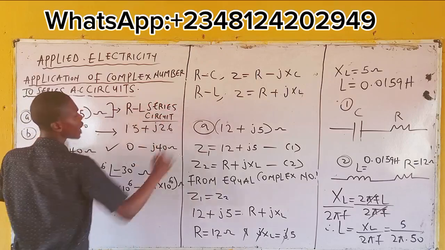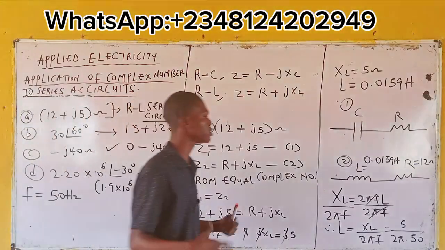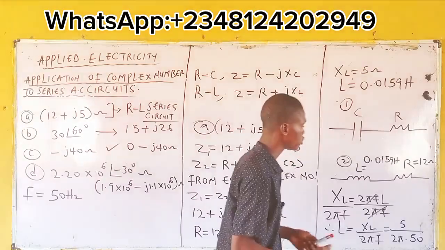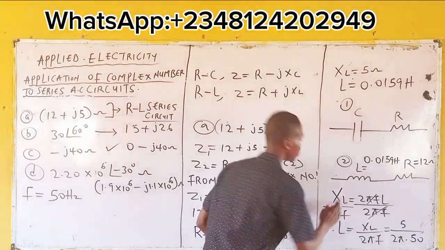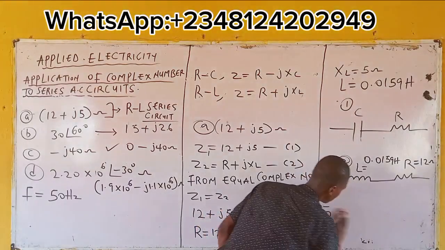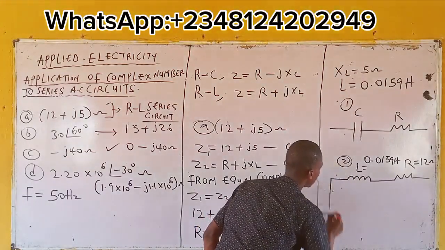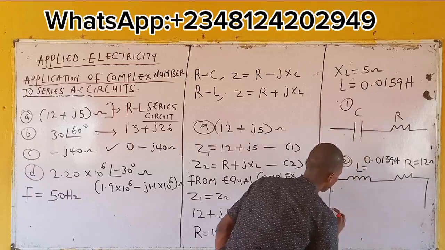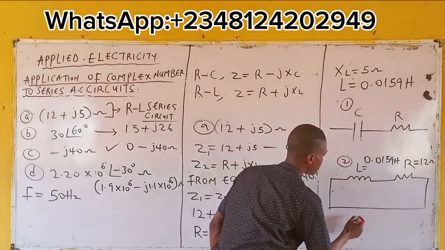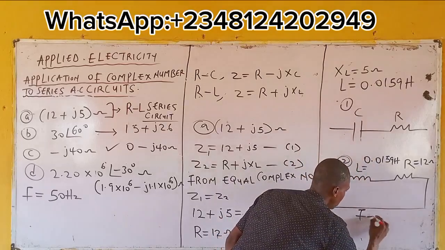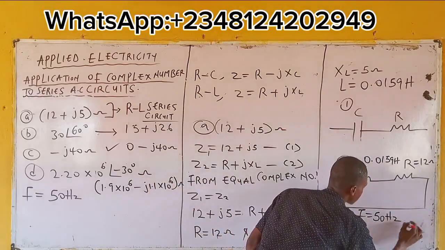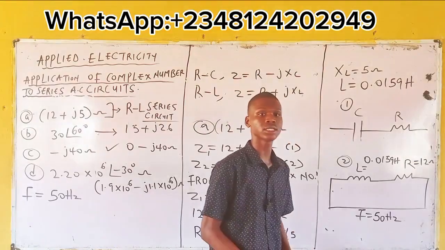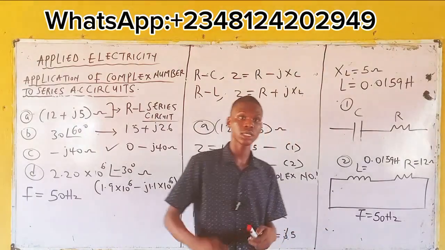If you are doing a theory question, to show your examiner that you understood the question, you can complete this diagram, though not necessary. By the time you complete this diagram, state the value of F. F is given as 50 hertz.